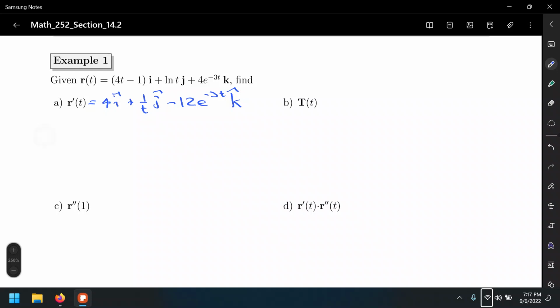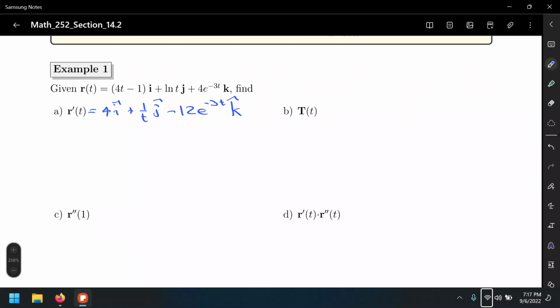For letter B, how about we find the unit tangent vector? This uppercase bold T means unit tangent vector, and that's the derivative of the vector valued function over its magnitude. We already got the numerator in the previous part.